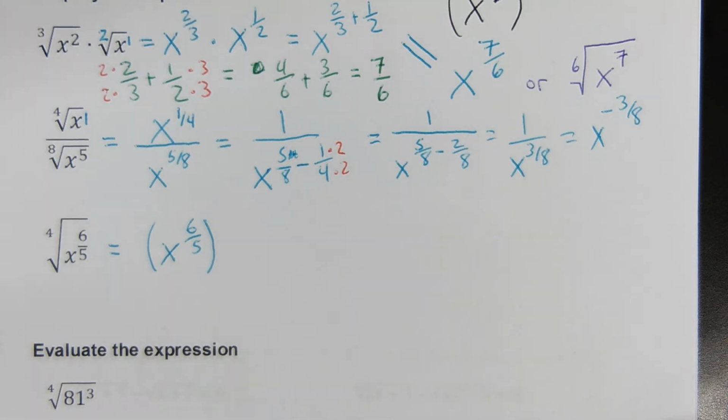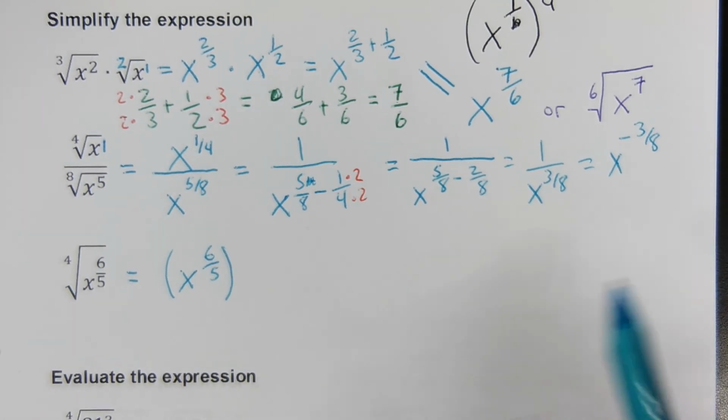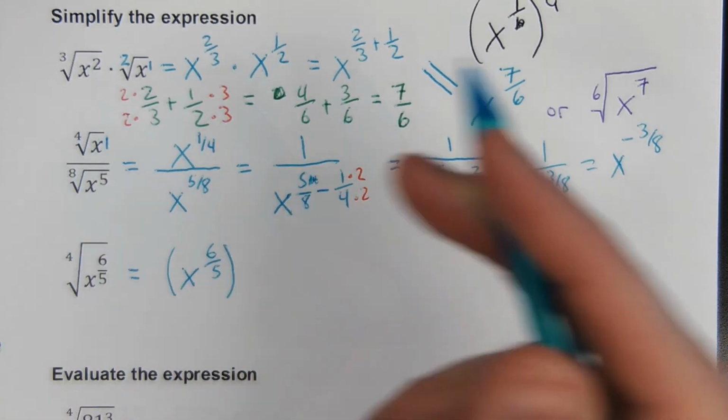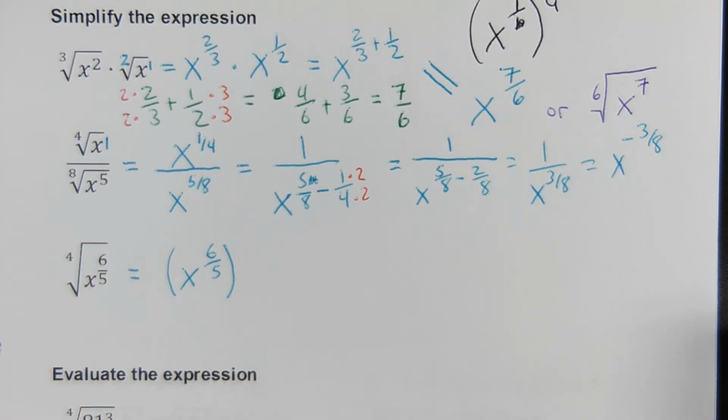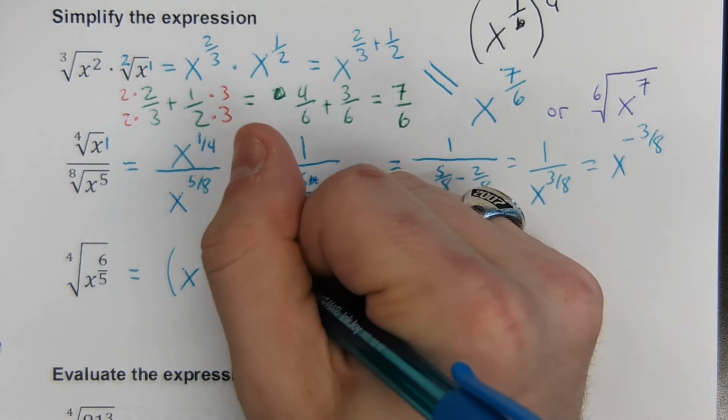That's 4th power. I need the 4th root. The denominator is the root type, right? So what would be the top of that fraction then? It'd be a 1/4.